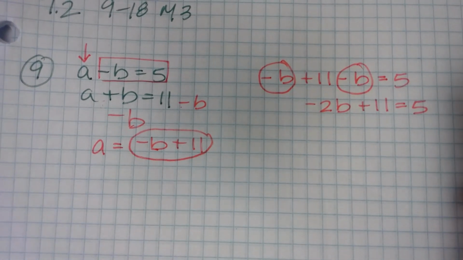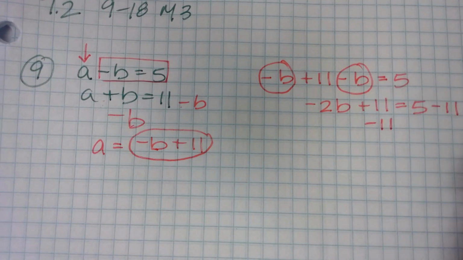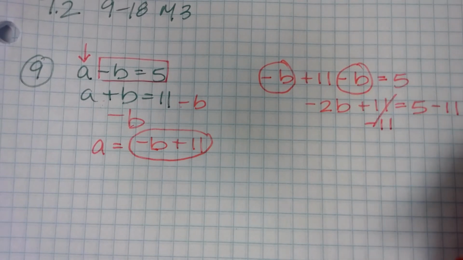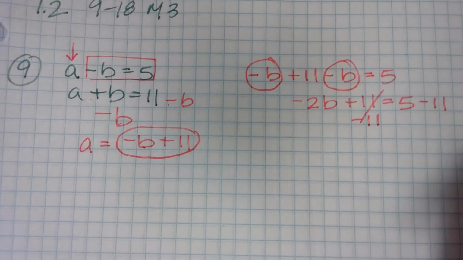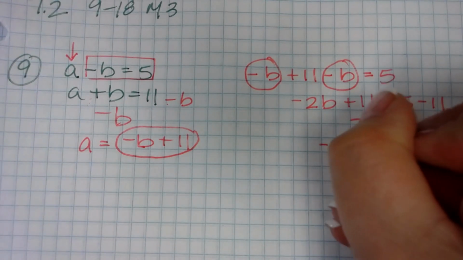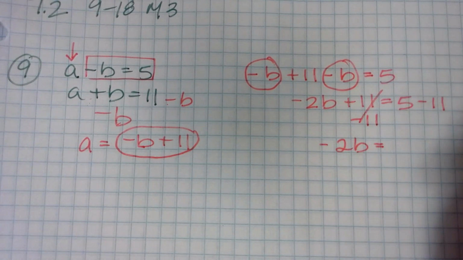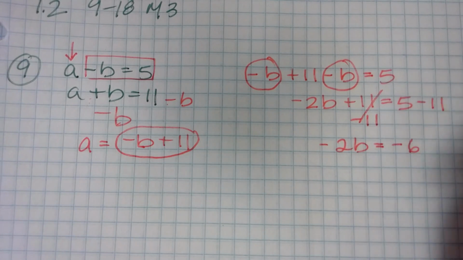All right, so just like you've been doing, we want B by itself. I'm going to cancel out this 11 by subtracting on both sides. These cancel out to give me a 0, and that leaves me with negative 2B is equal to negative 6.